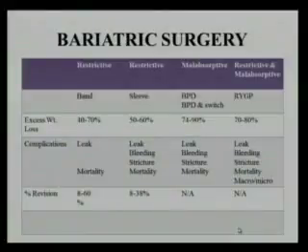However, all the surgeries have complications. They range between leak, bleeding, stricture, morbidity, mortality, and macronutrient deficiency. So surgery is efficacious. However, as I will talk about later, only 2% of obese patients can get surgery, and I will explain why.